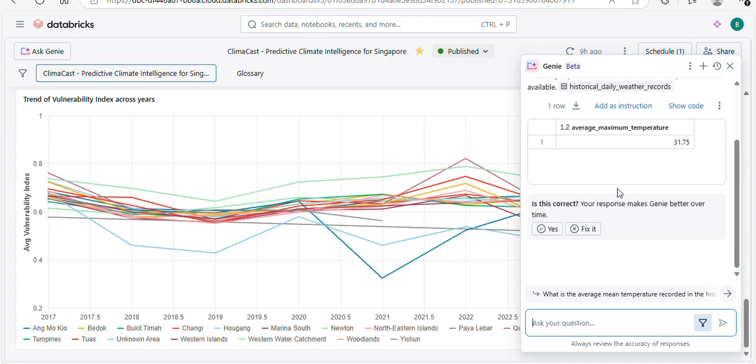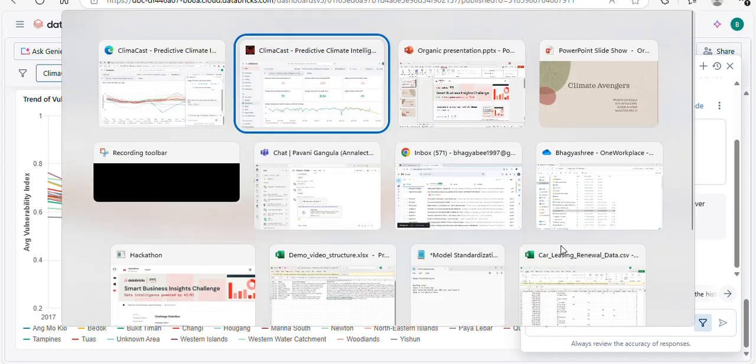Our project ClimaCast runs directly on the Databricks workspace and supports integration with Power BI, Tableau, Looker, and it is accessible across devices for planners, operations teams, and disaster response units.